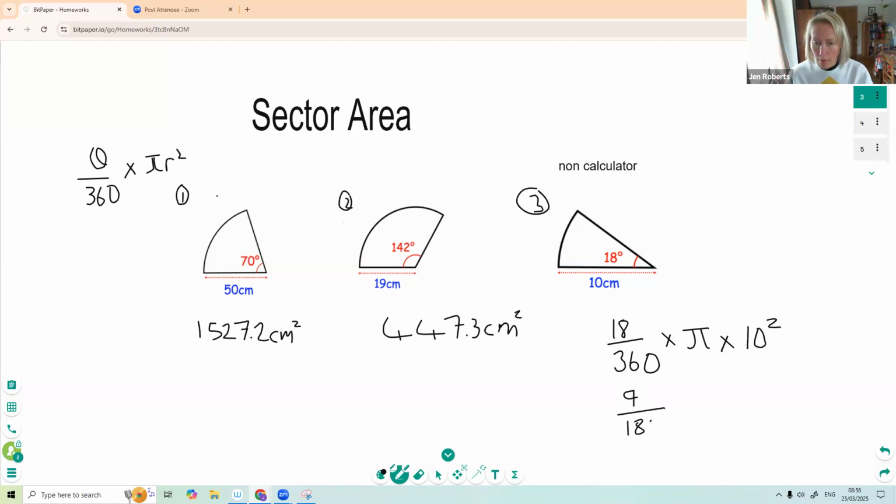And then they have a common factor of 9. Divide the numerator and denominator by 9, and you get 1/20. 10 squared is 100. So we've just got now 1/20 of 100 pi. 100 divided by 20 is 5. So the answer is 5 pi.